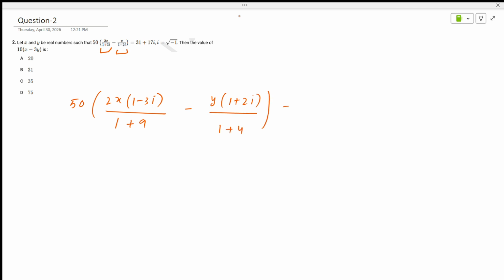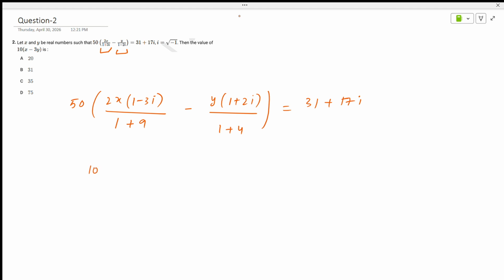equal to 31 plus 17i. So this becomes 10. So we multiply it with this, we'll get 10x.